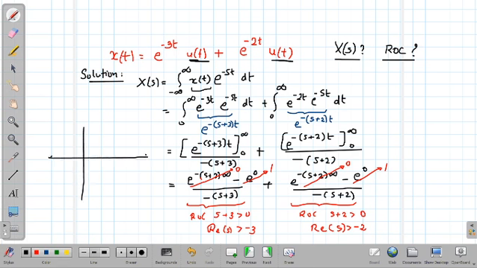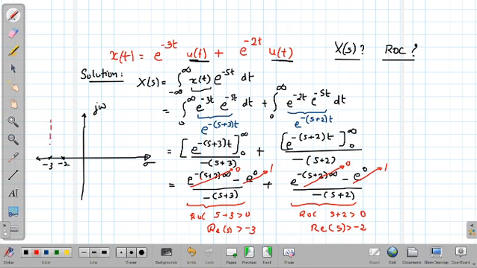So this is s plane with sigma in the real axis, j omega in the imaginary axis, and let me mark minus 2 and minus 3, which are the region of convergence. So this is minus 2 on the left side, again you have minus 3 here, and we can see that due to first term we have the region of convergence towards the right side of minus 3.